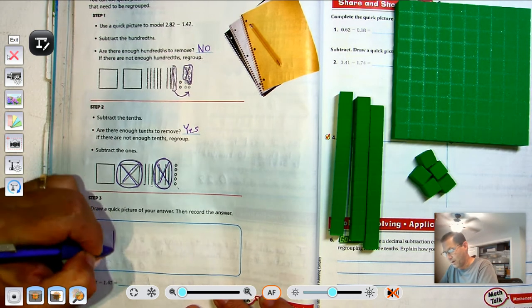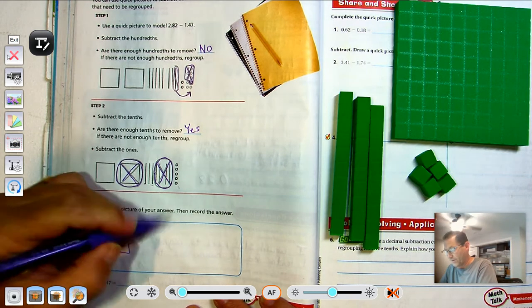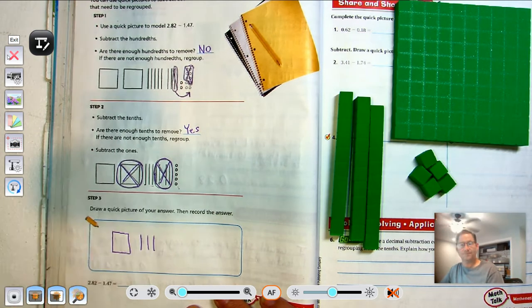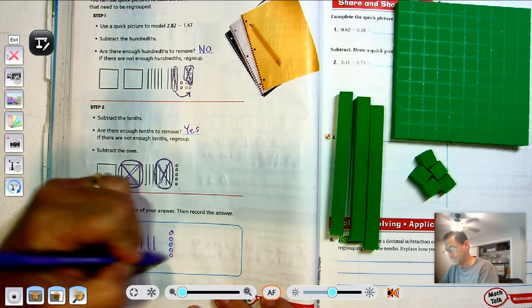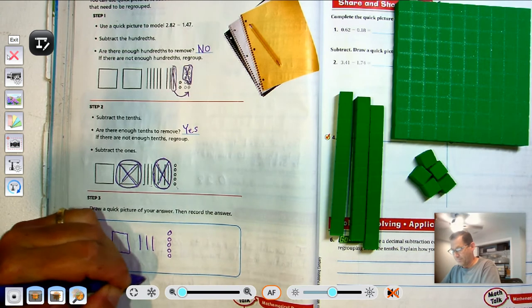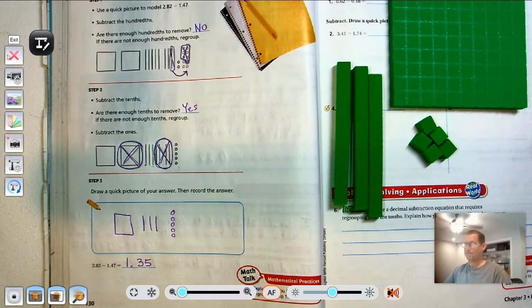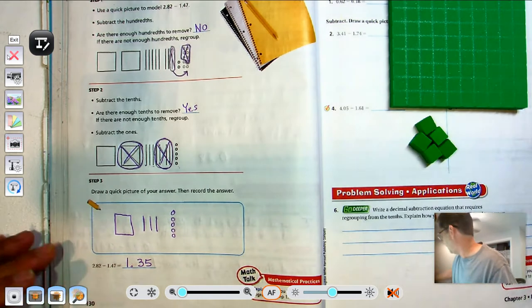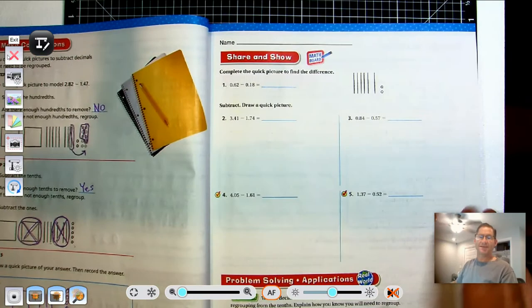We're left with 1, we're left with 3 tenths and 5 hundredths. So our answer is 1 and 35 hundredths. Okay, so let's keep going. So complete the quick picture to find the difference.